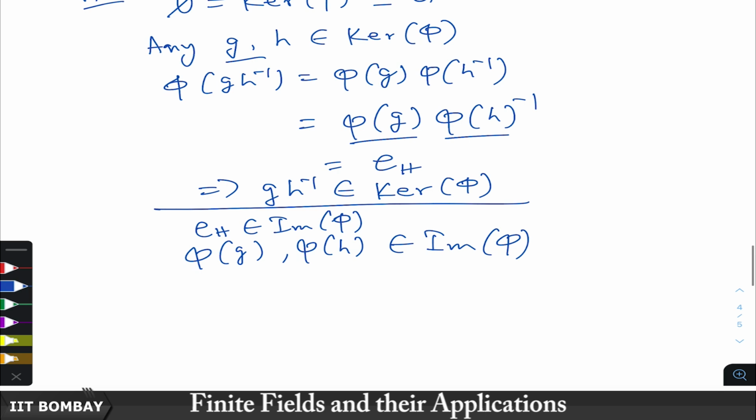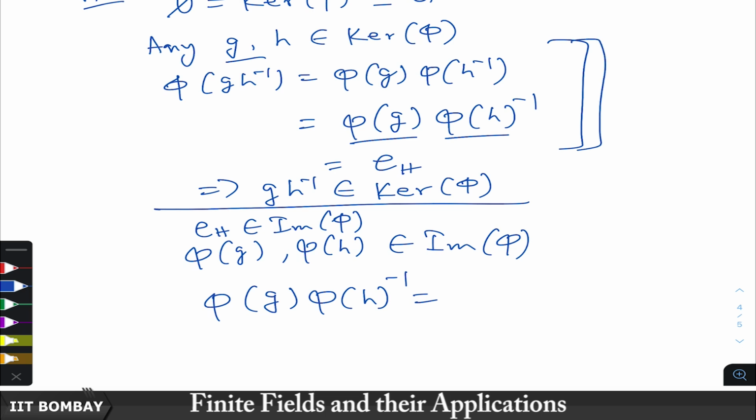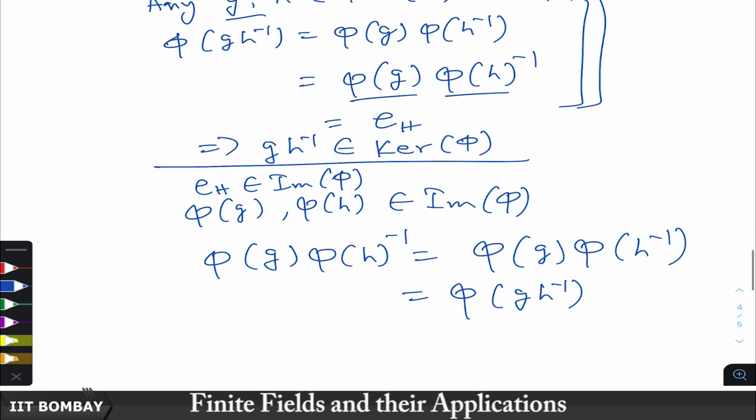Then we take any two elements and show that phi(g) phi(h)^-1 is in the image. This is obvious from the same routine proof: because phi is a group homomorphism, this can be written as phi(g h^-1), and clearly this is in the image. So, the image of phi is a subgroup.